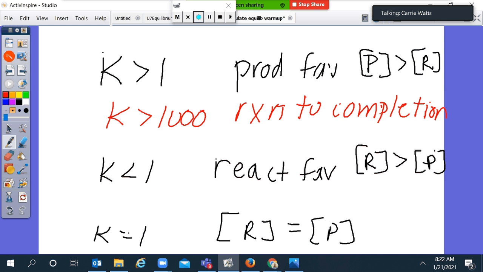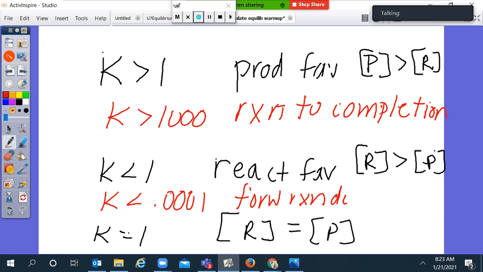If the K value is less than 10 thousandths, it basically means the forward reaction does not take place. It doesn't proceed at all.